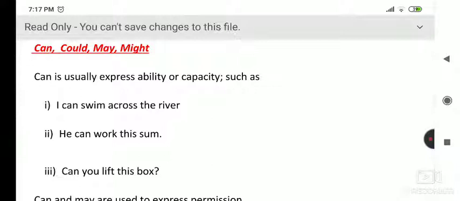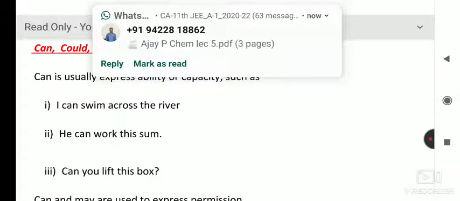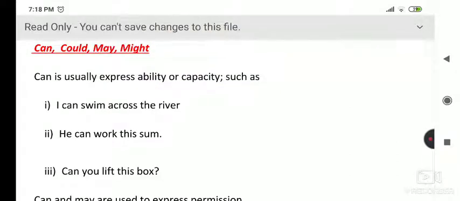In the first sentence, I can swim across the river. This sentence shows the ability of the subject I, the ability of swimming across the river.